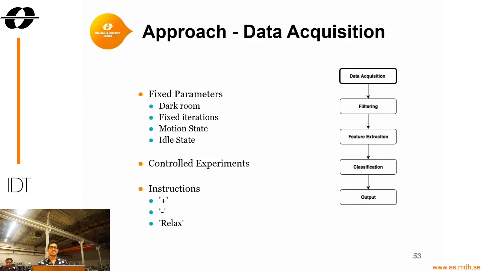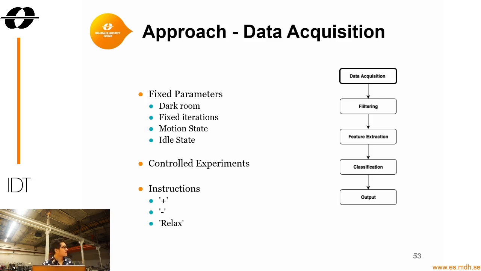So I'm going to be talking briefly about some of the approaches that we use to tackle the different parts. For the data acquisition, first we set up a room which could avoid disturbances. So we had a dark room.